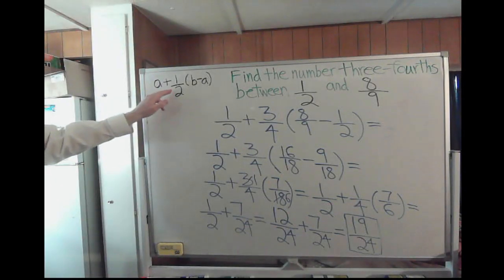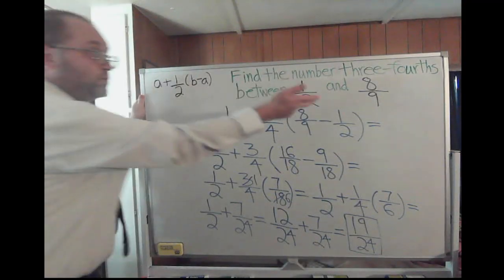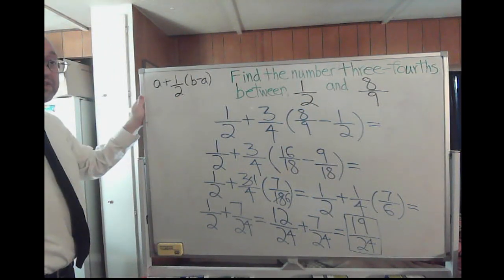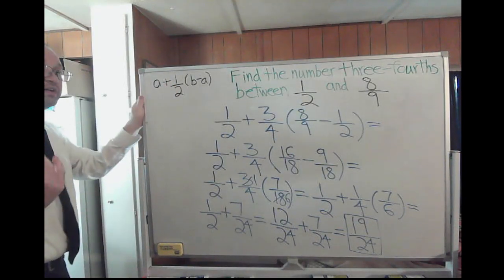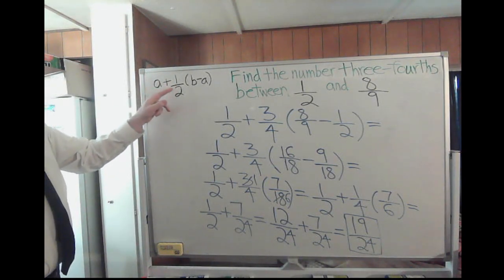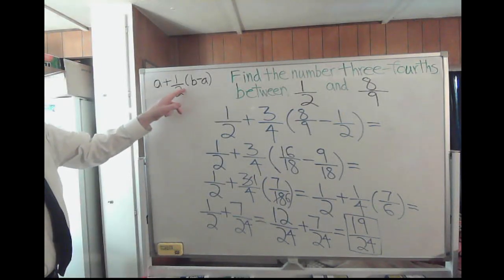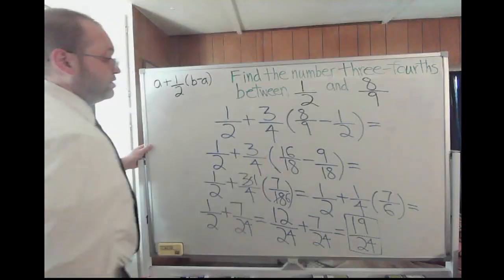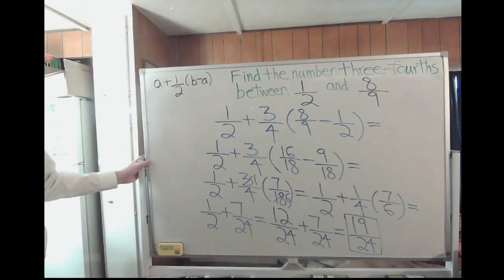That would only apply if they want you to find the number halfway between two numbers. If they want you to find 3/4 of the way between the numbers, your fraction would be 3/4. They want you to find 1/5 of the way, your fraction will be 1/5. So it's A, your first number, plus however the distance they want you to find for your fraction, times your second number minus your first number. And that's all there is to it.